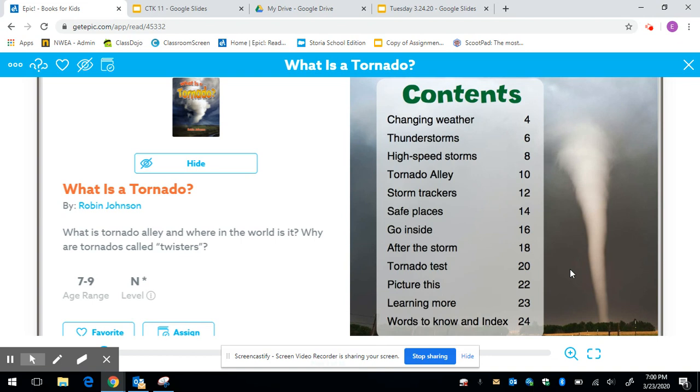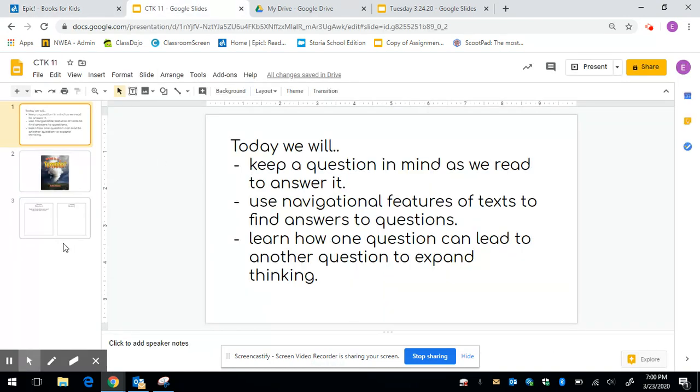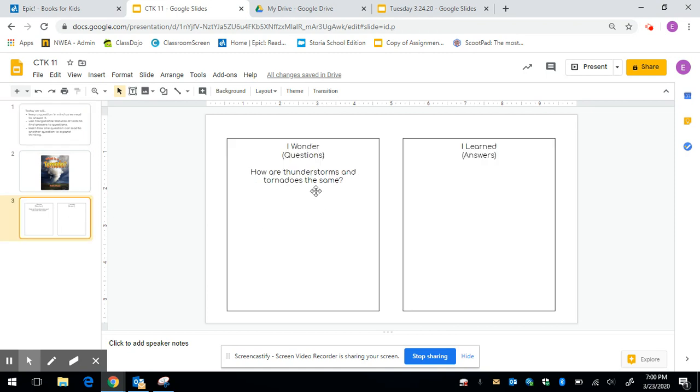So the table of contents lists what is in the book, and it tells us the page where we can find information about many different aspects of tornadoes. So I'm going to keep the question in mind that I have of how are thunderstorms and tornadoes the same?